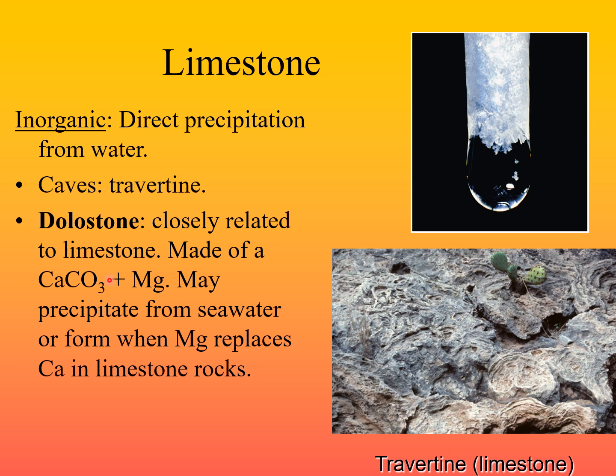Okay, so what I want you to think about here is it's basically limestone, but instead of a calcium carbonate, it's magnesium carbonate. Okay, and so it still reacts with acid, but way less than limestone, way less than calcite, and less than micrite, which is the one we talked about earlier. But what makes dolostone is that magnesium portion.